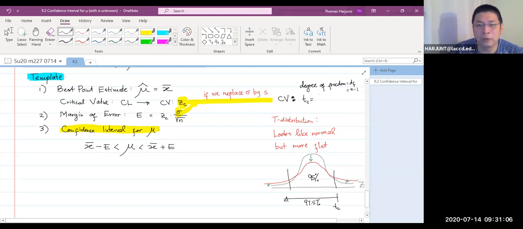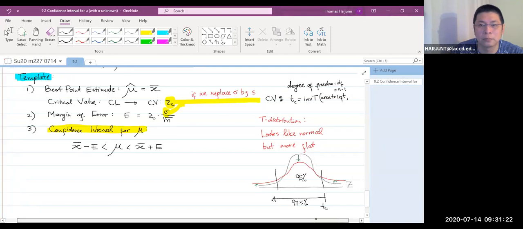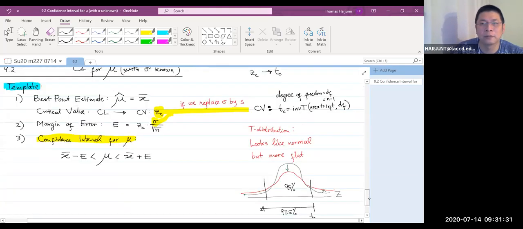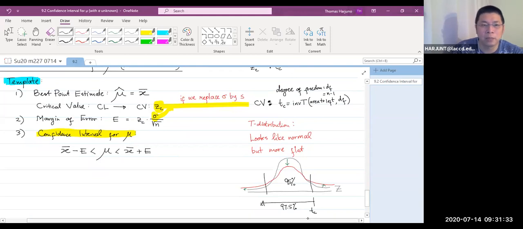The notation for your T later on will be inverse T, the area to the left, comma, degrees of freedom. But that's basically all the change we need.